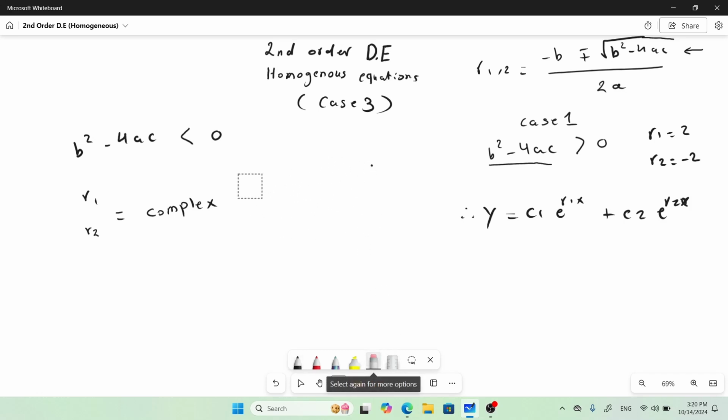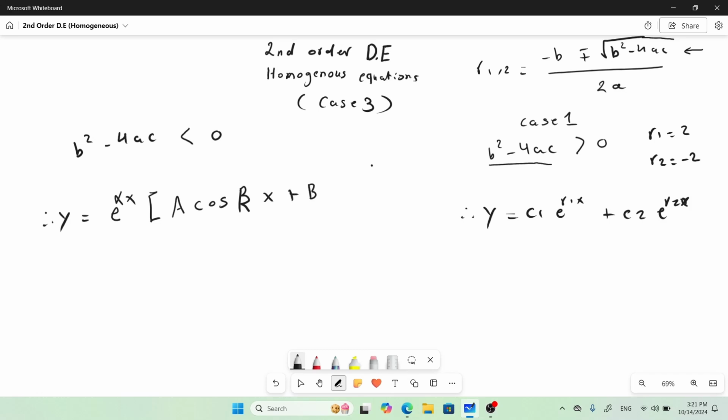Our general solution will be as follows: y is equal to exponential alpha x multiplied by a cosine beta x plus b sine beta x. That would be our general solution.